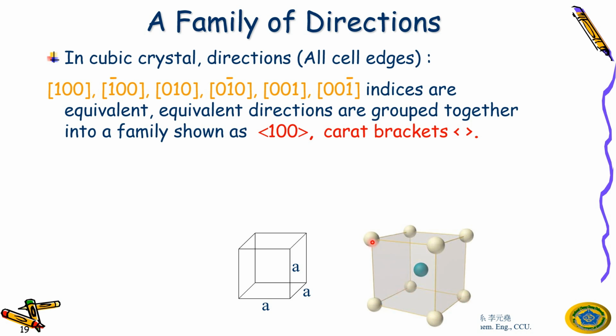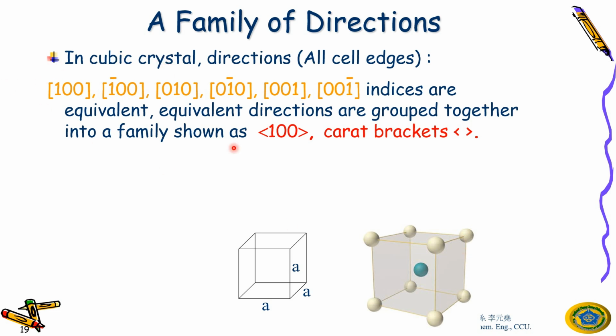If I talk about this vector and this vector, are they the same? Of course, it gives you different numbers, but in this cubic structure, BCC, it's the same thing, right? It's just a different angle only. So that's what we talk about. We use a family to address these different directions.